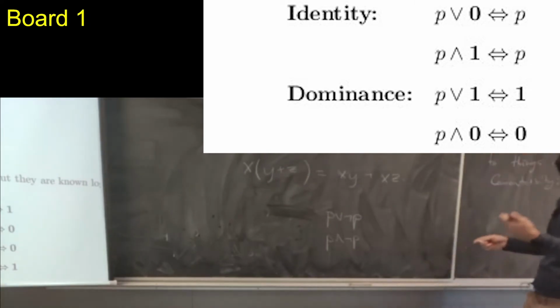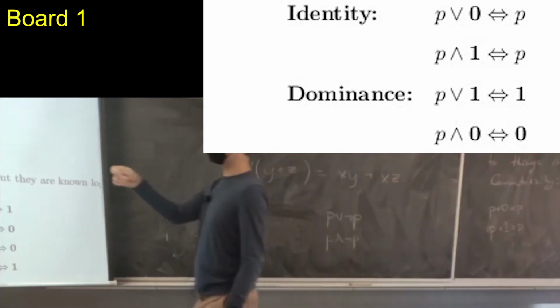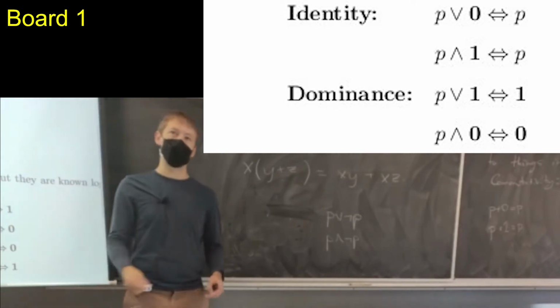If you think about or as being like a plus, it's like saying P plus 0 is P. And the second one is kind of like P times 1 is P, in a sense. Now, you shouldn't turn everything into algebra and try to understand it that way, because some of the things are different. But this is kind of what's going on in this identity thing. So P and a tautology is the same as P.